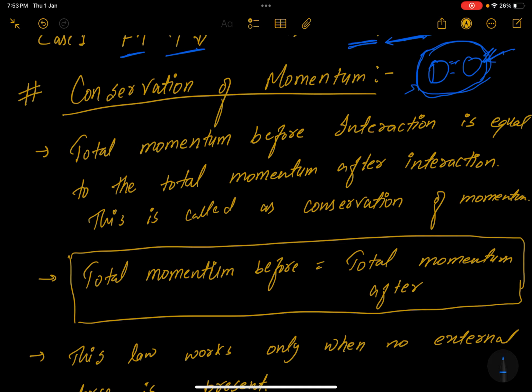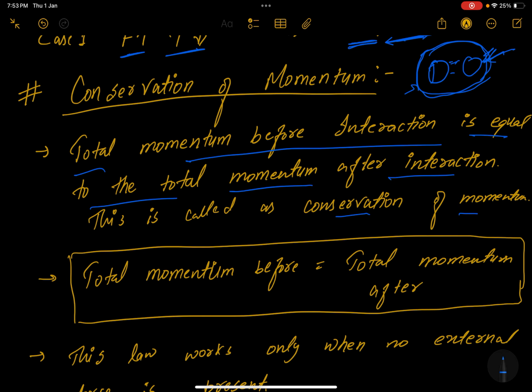Then something very interesting happens: the total momentum before interaction is equal to the total momentum after interaction. What I have written here: total momentum before interaction is equal to total momentum after interaction. This is called conservation of momentum.